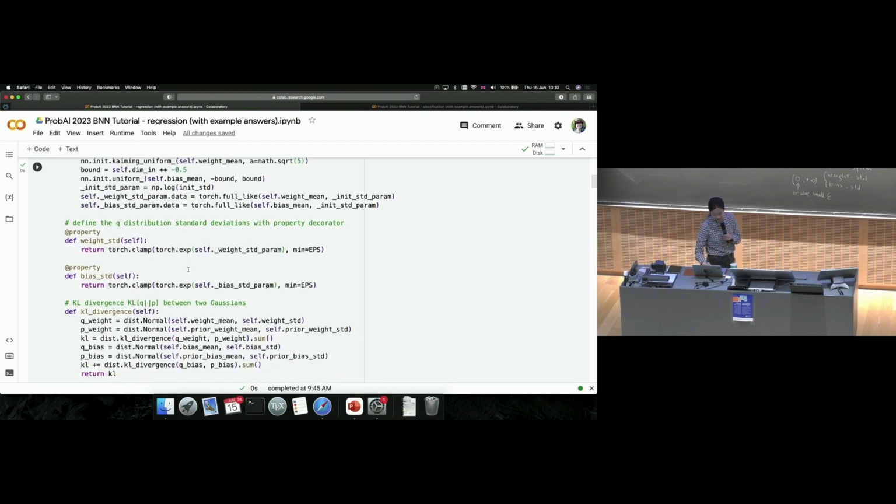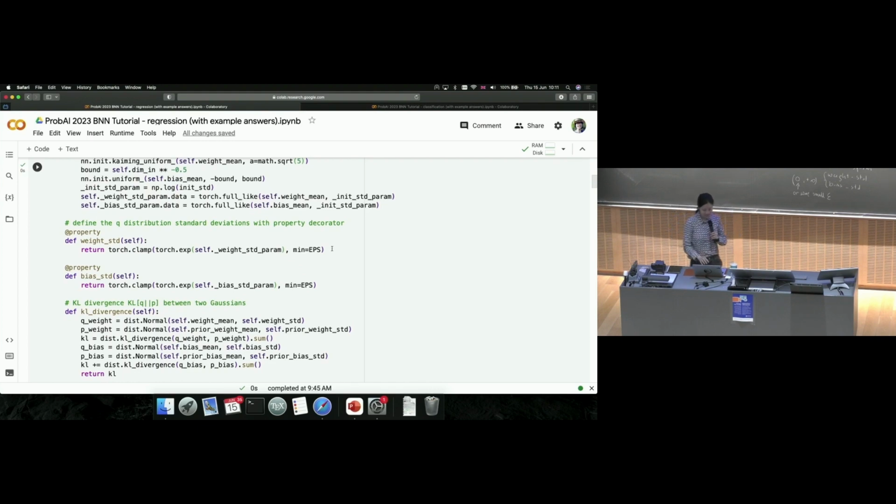As I said, I recommend initializing the logarithm of the standard deviation, and this is what I actually did here. I initialized the log standard deviation with some free-form parameters, and when I actually need to get the standard deviation for this posterior, I take the exponential of it and then do some numerical control stuff.